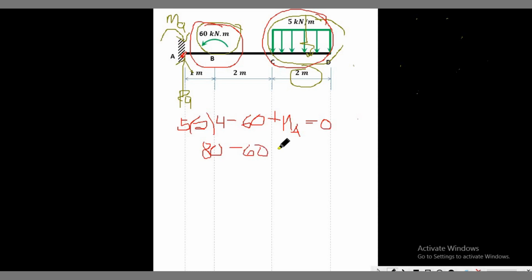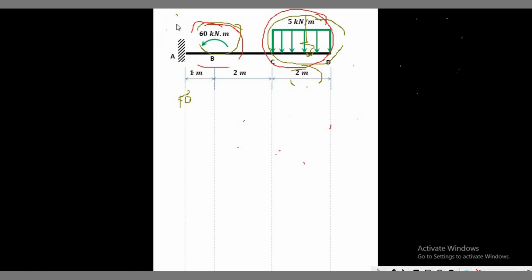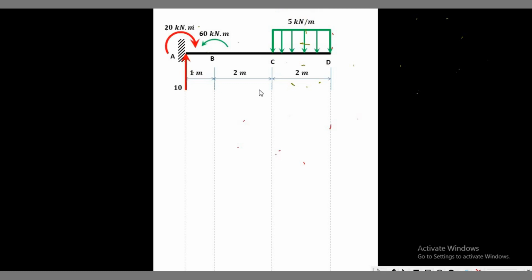Okay. Ako yung mali. MA. Plus. Tama pala. Sorry, ako yung mali. So, the vertical reaction is 10.